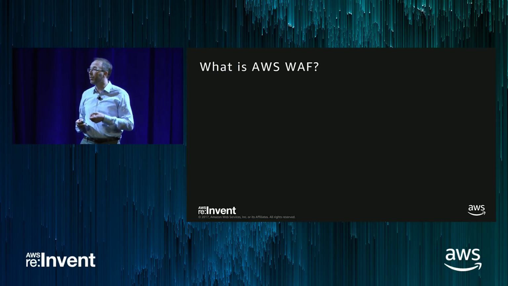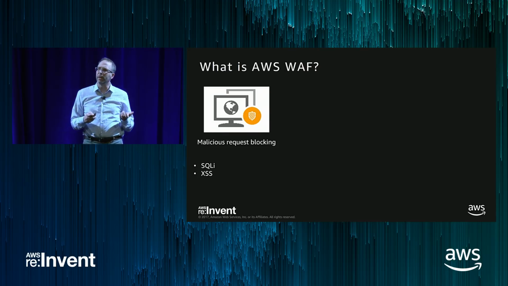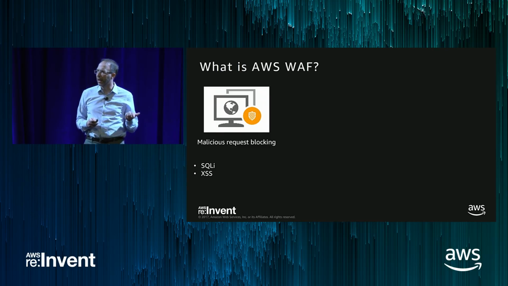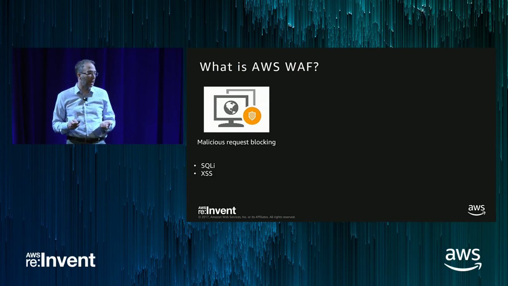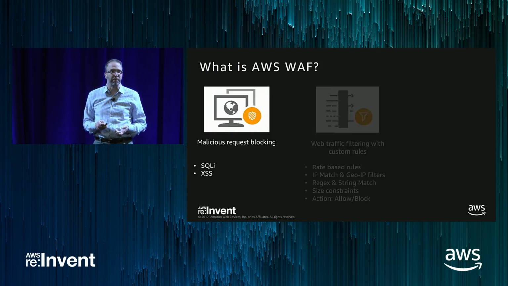So what is the AWS WAF? AWS WAF is a fully managed web application firewall that runs on the AWS infrastructure. And it protects, as most WAFs do, against things like malicious requests. So again, things like SQL injection, cross-site scripting.